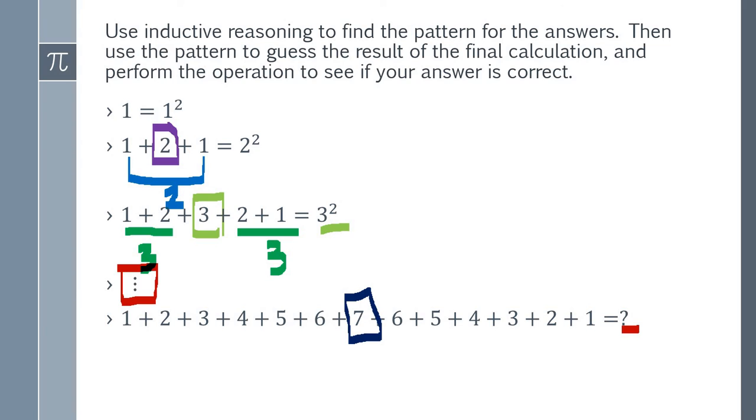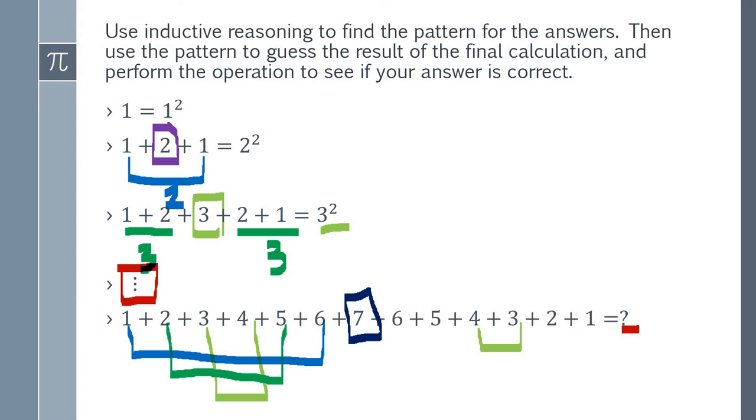We look for sevens. So our sevens would be 1 and 6, 2 and 5, 3 and 4. Same thing here, 3 and 4. Then we have 5 and 2, and then we have 6 and 1. So how many sevens do we have?